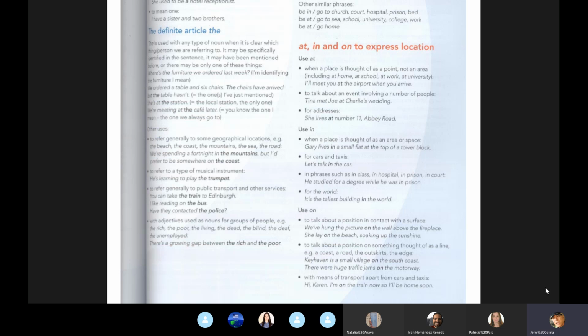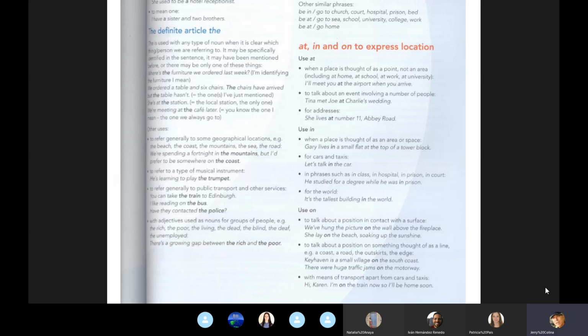With school, work, and university, normally we use at. Now, for the world, we use in. It's the tallest building in the world. So this is a cliche. It's a collocation, in the world. You don't have to think about it because it's mechanical.